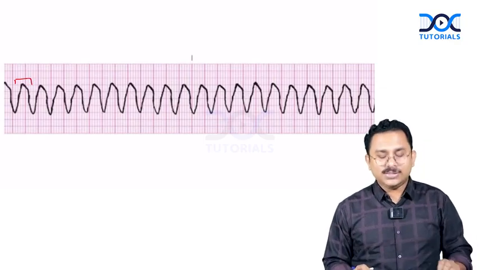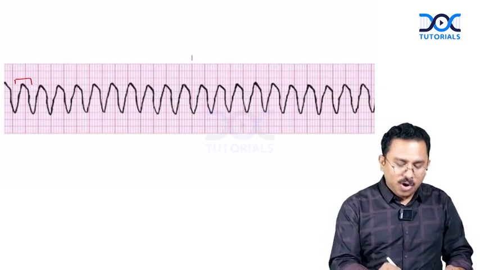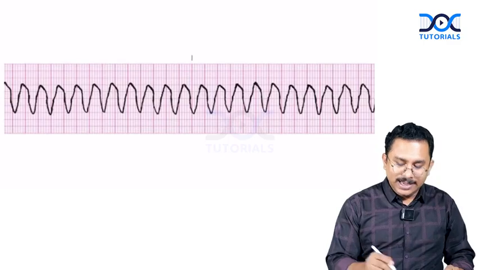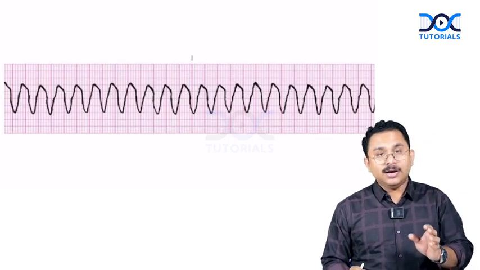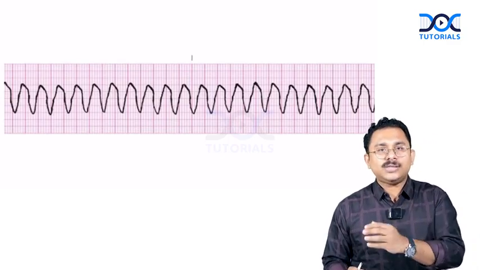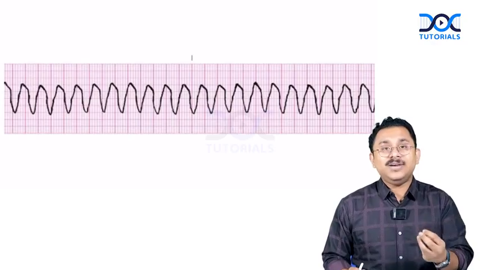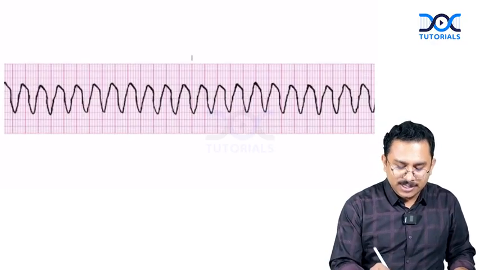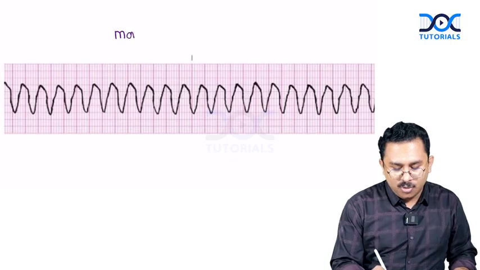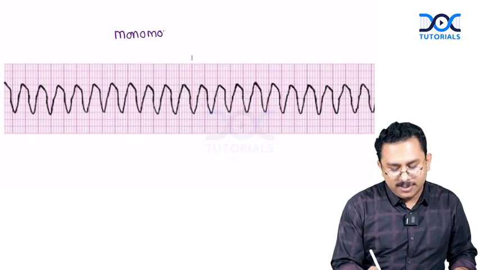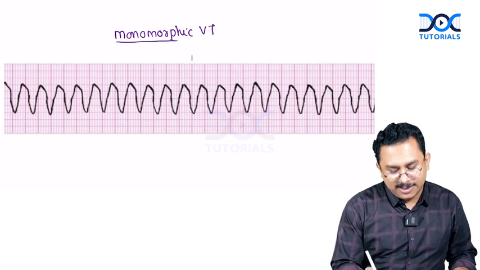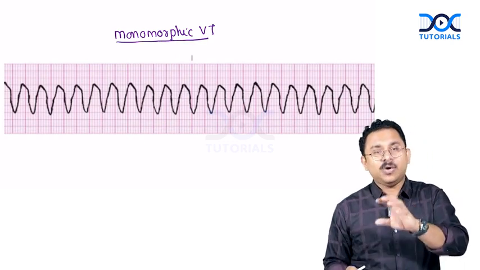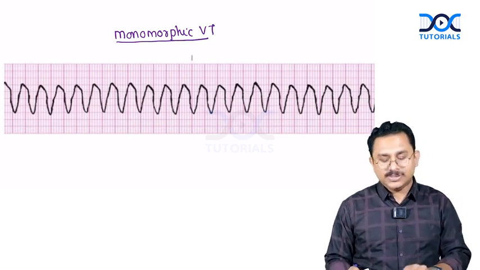And if you look at the morphology of the QRS complex, all of them have a similar morphology. So what is going to be the diagnosis here? This would be a monomorphic ventricular tachycardia, with similar morphology of the QRS complex.